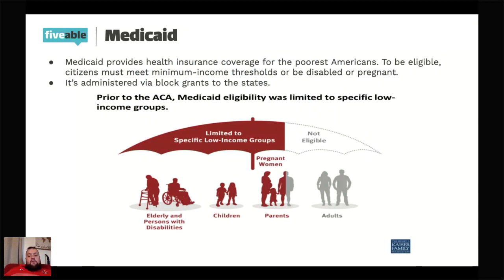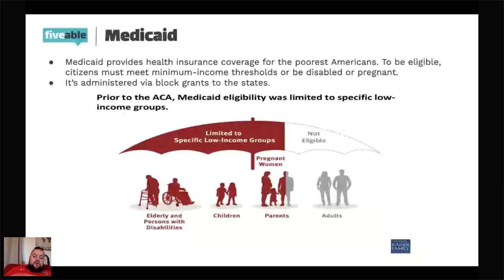Medicaid will cover every child in the United States, up until their 18th birthday. If your parents do not make enough money to purchase health insurance, because it's expensive and maybe their job doesn't provide it, you can have Medicaid insurance.